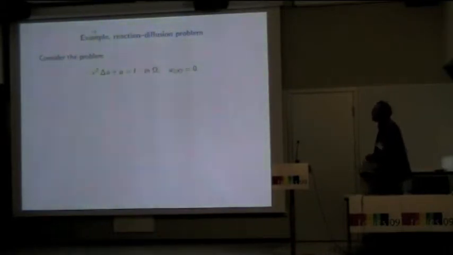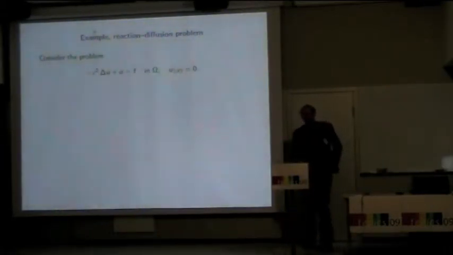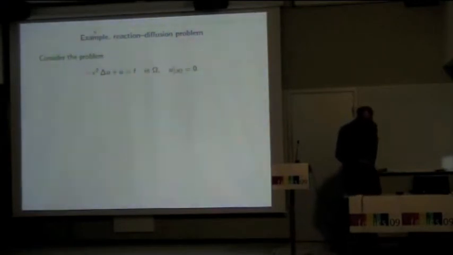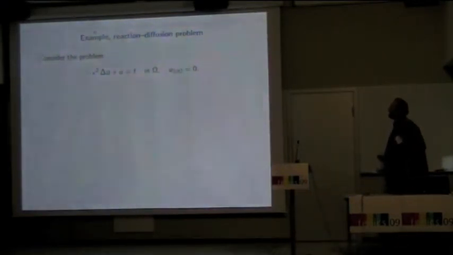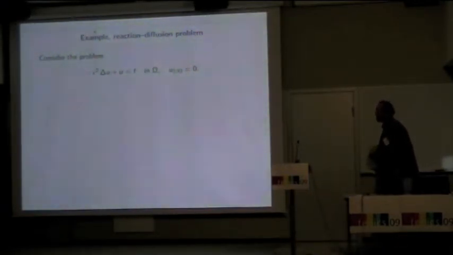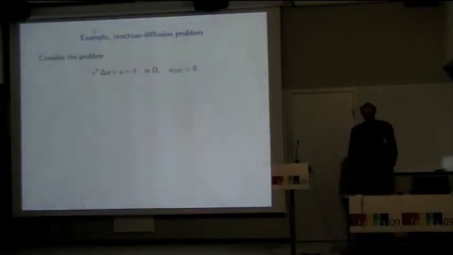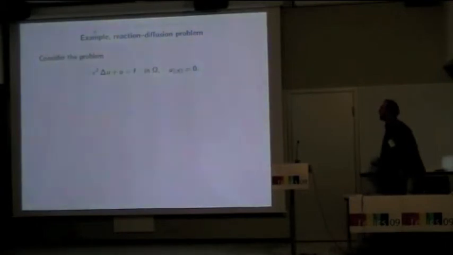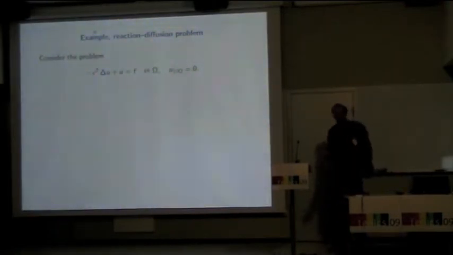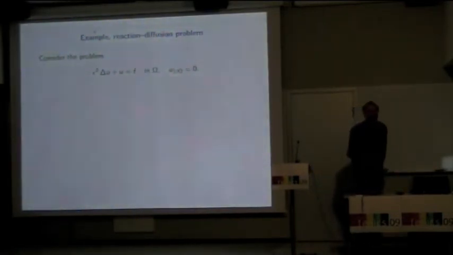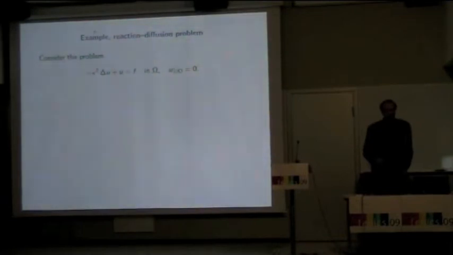Okay, so I'm still going to continue to look at the continuous problem for 10 more minutes. I'm going to start with the simplest you can think of, namely a reaction diffusion problem like that. So it's minus epsilon squared times Laplacian u plus u equals f. And of course you would say that as epsilon tends to 0, this problem really changes form, right?